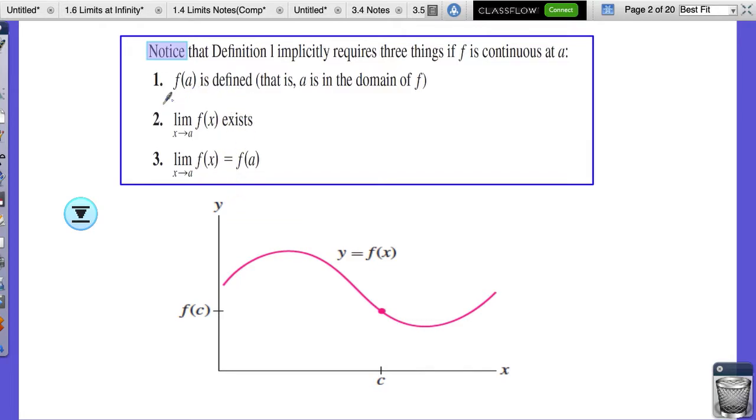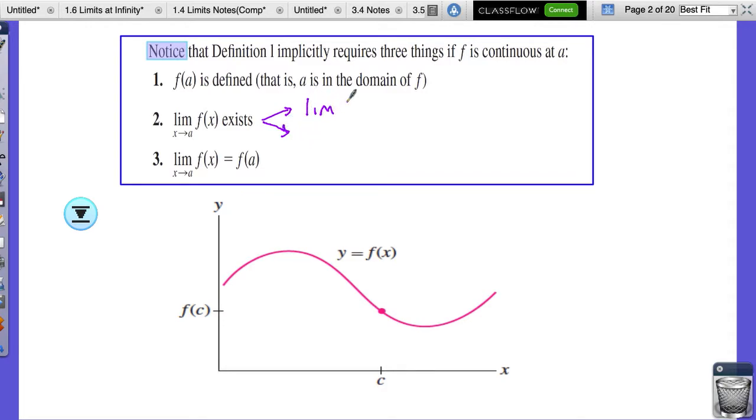All right, the second condition is that the limit must exist. Technically, that one has 2 other sub-qualities couched in it.